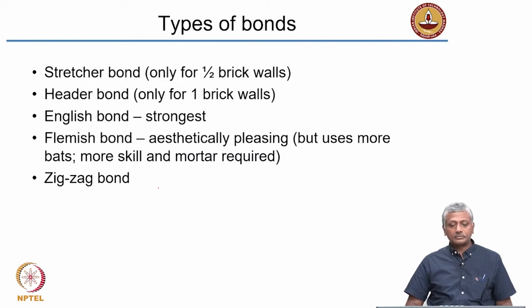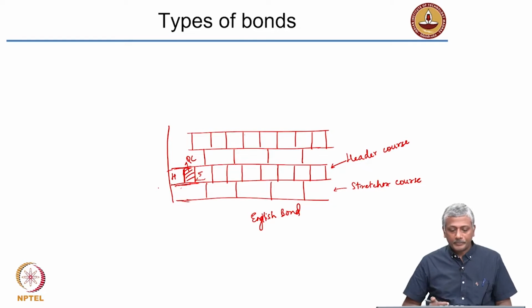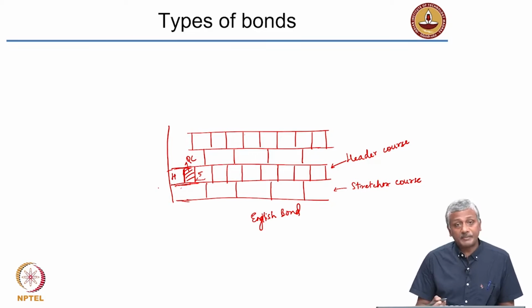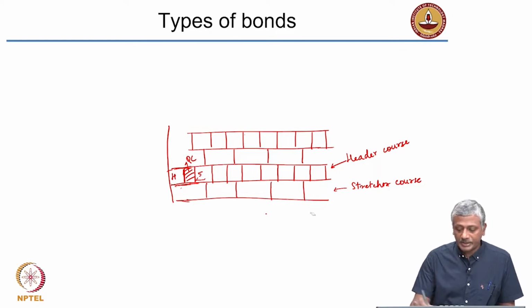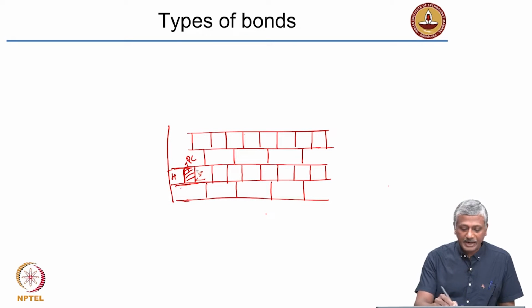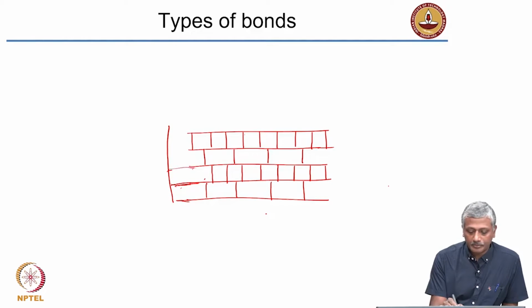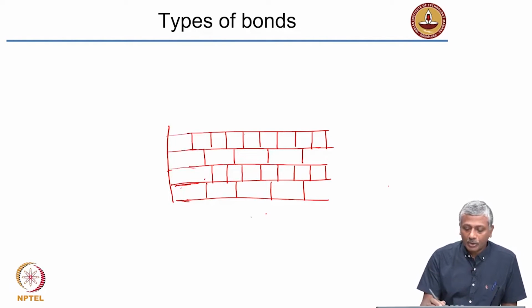Okay, so now if you consider the case of a Flemish bond, in that case we actually get each layer having a stretcher and a header. So let's again draw the same on the same arrangement. I want to now have a condition in which each layer has a stretcher and header.